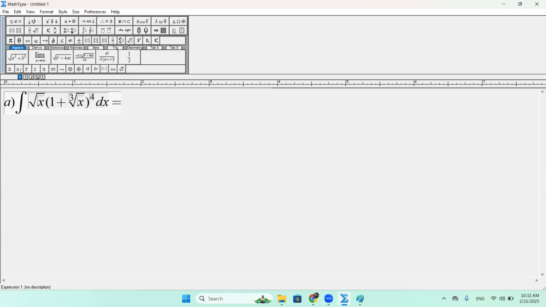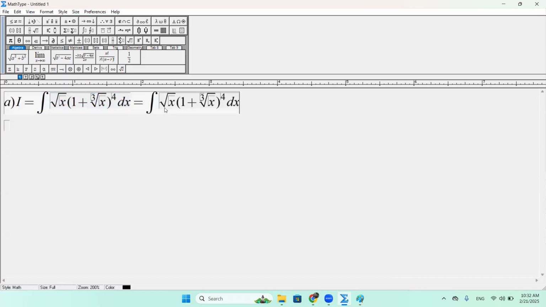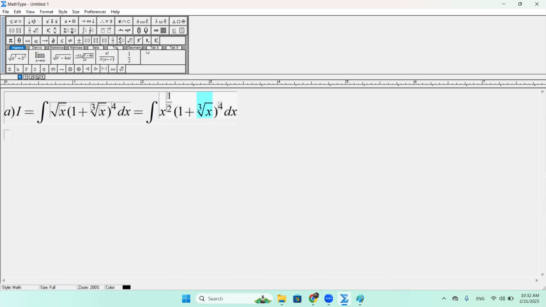Okay, so let's do the substitution. Let's mark it as I. I will need to write this integral with roots written as fractions in power, so 2/3.